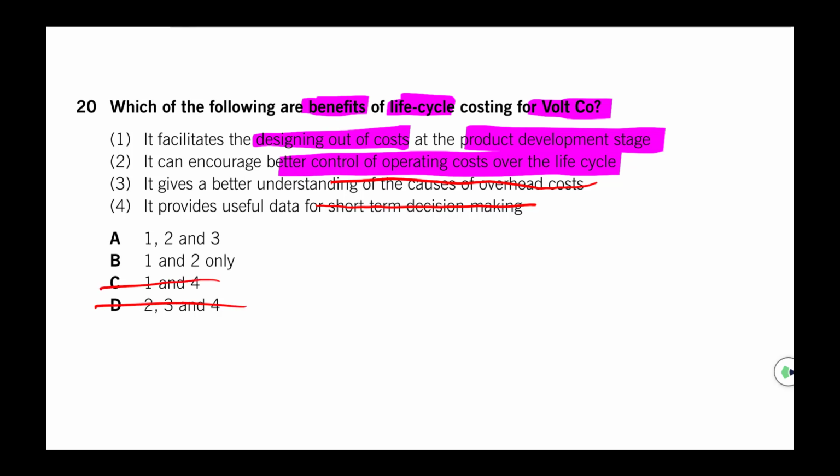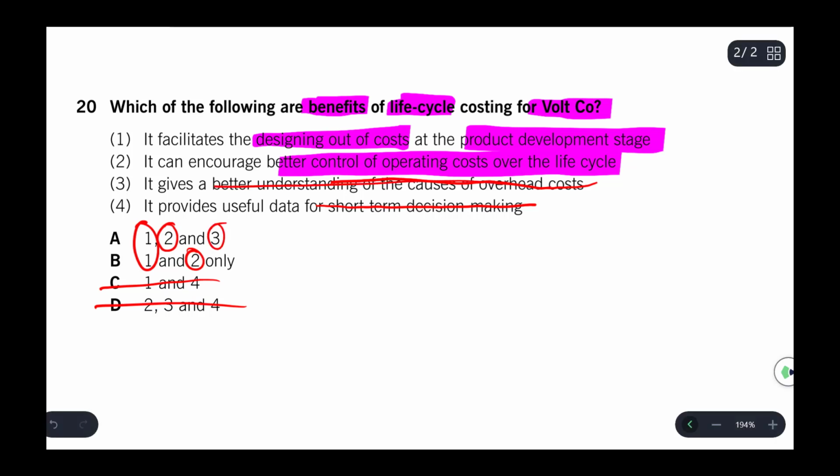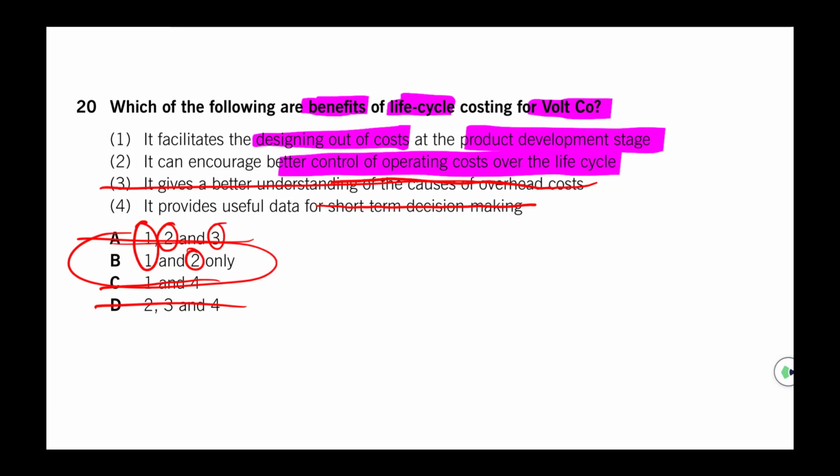Then we have 2 and 1, which are common to A and B, so now it's only evaluate 3, and A would then go out, B is the correct answer. But they might not give it to you this way in the computer-based exams, so be ready to evaluate each statement on its own.